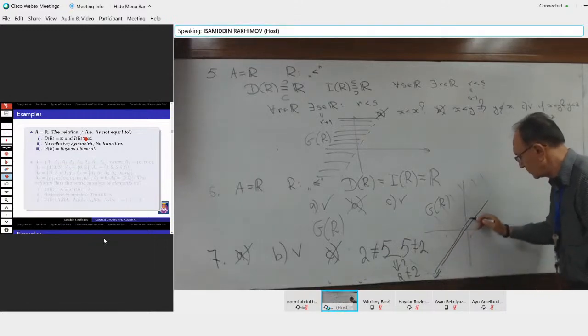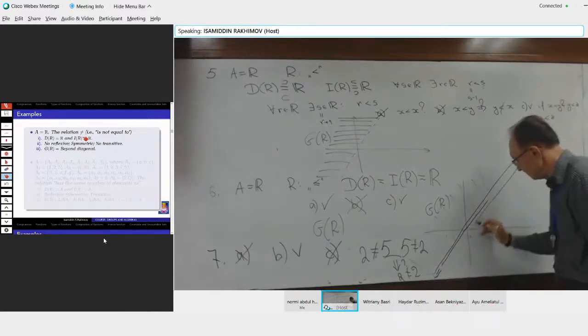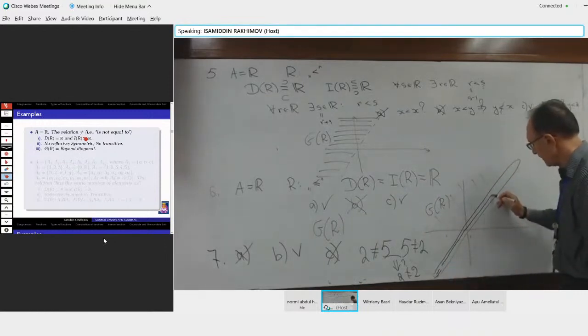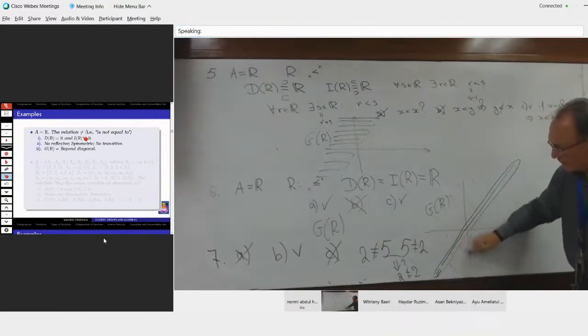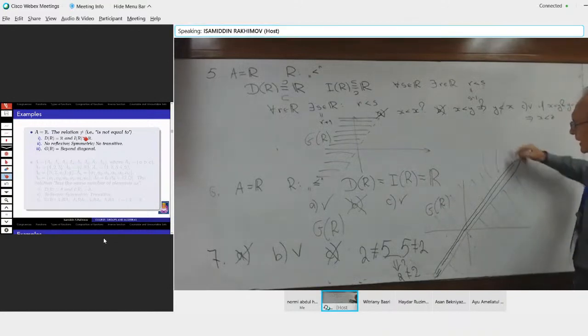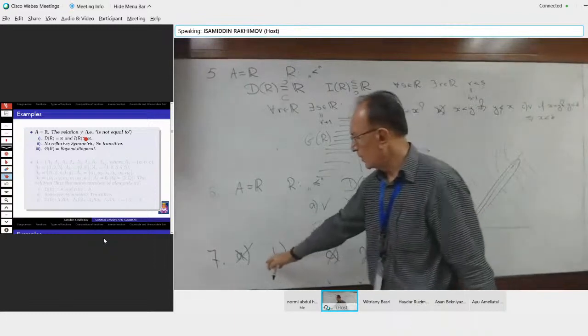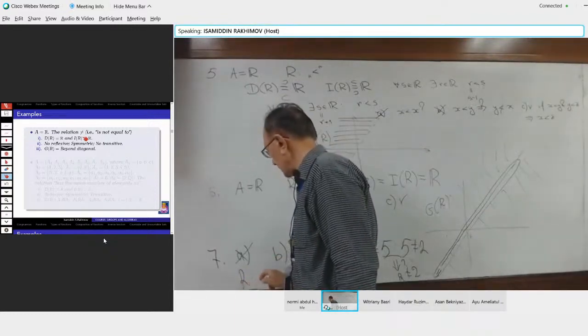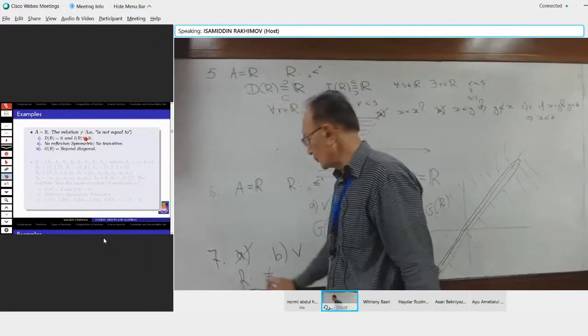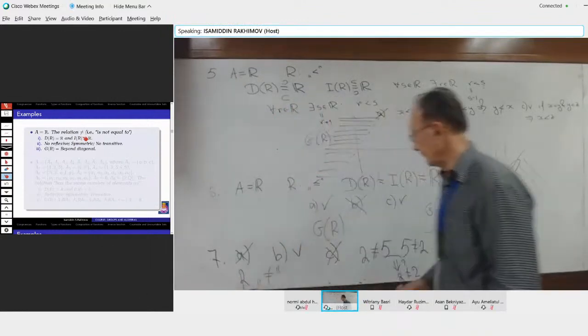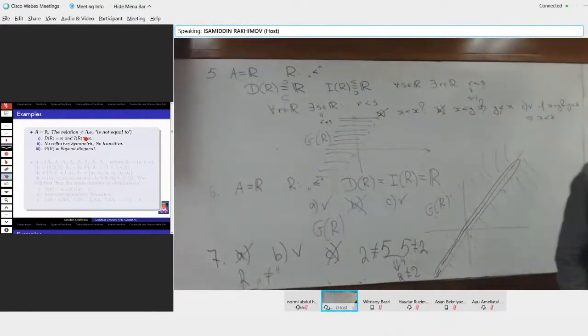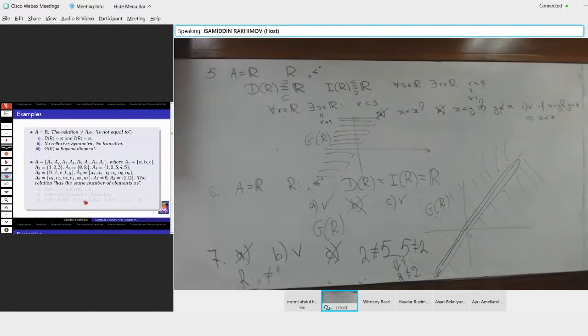You should remove this part, cut out. All beyond the diagonal gives you the graph of non-equality, the R is not equal relation's graph. Okay. Next one. If any question, please stop me and ask questions.